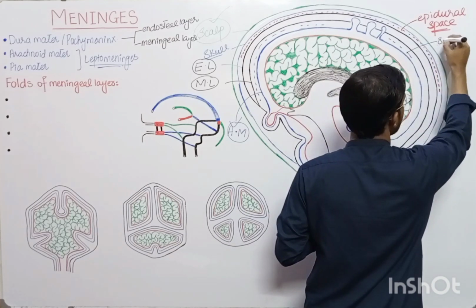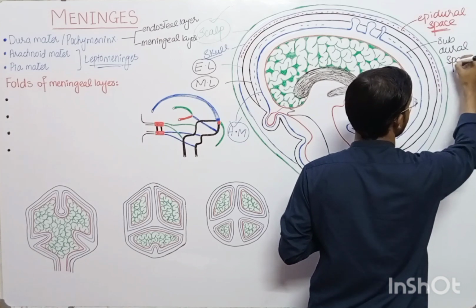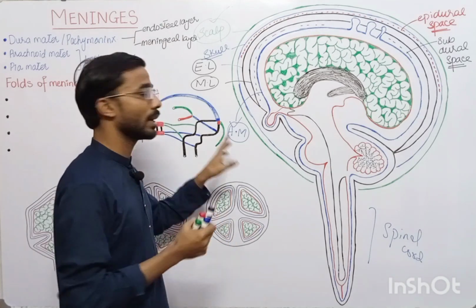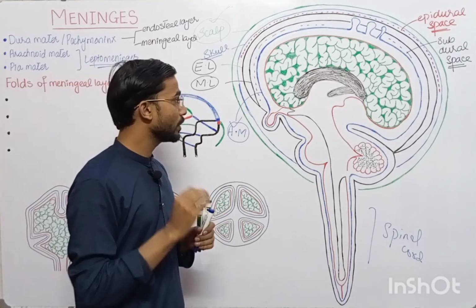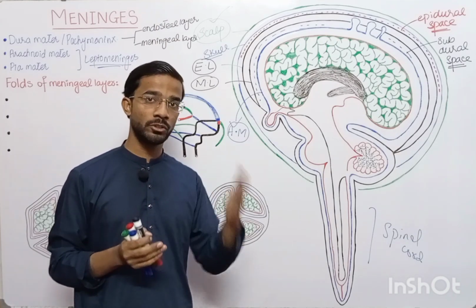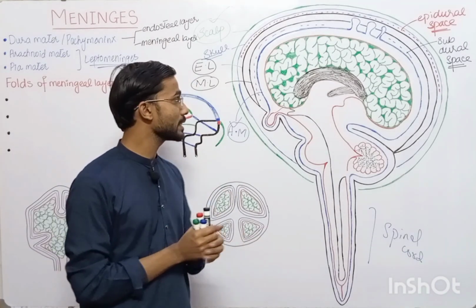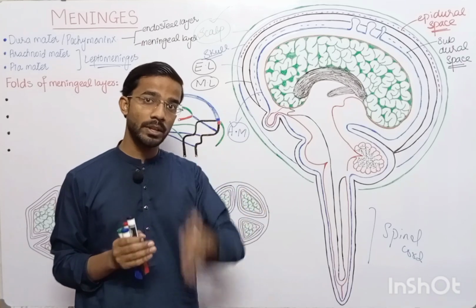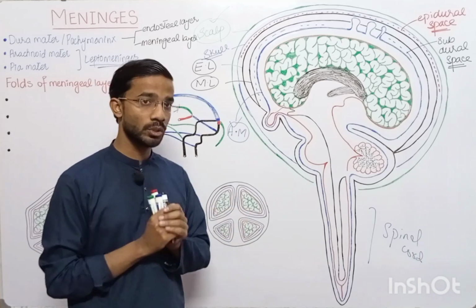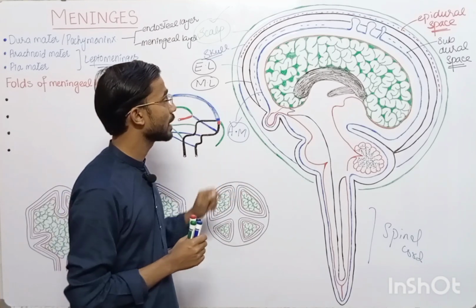This is the subdural space which is present below the dura mater. Up till now we discussed the two layers, and two spaces. First one is the epidural space which is present above the dura mater, and second space is the space which is present below the dura mater, which is called subdural space. So here are the two spaces, and then second layer is the arachnoid matter.